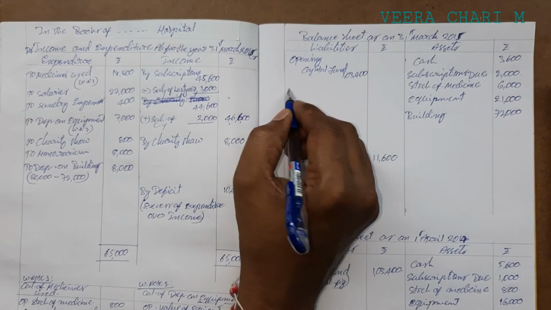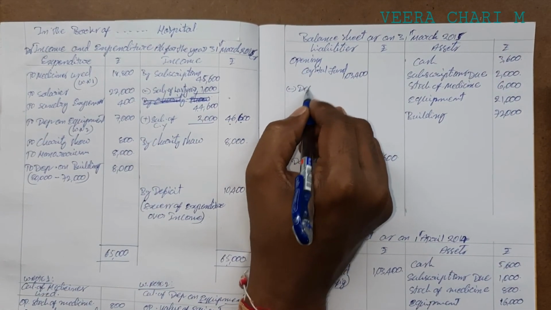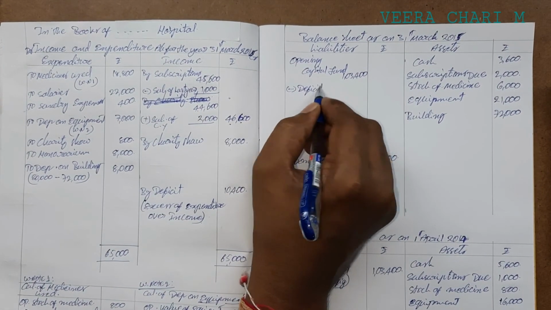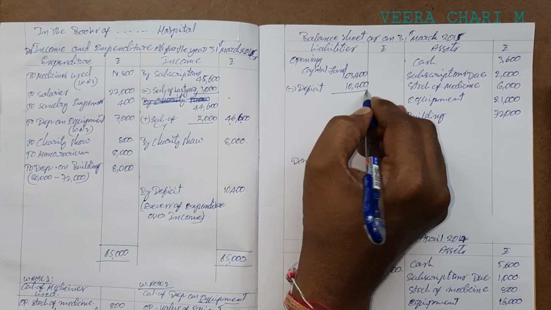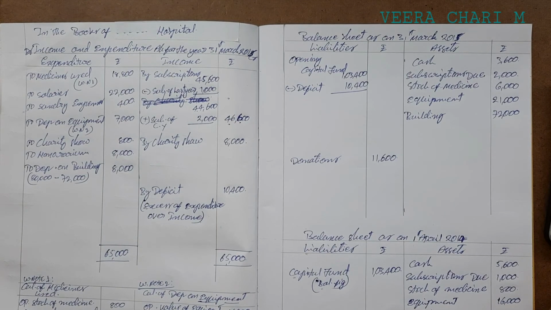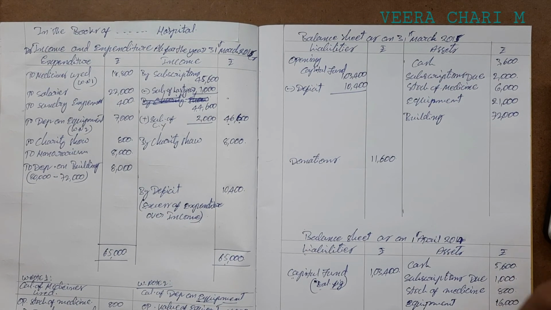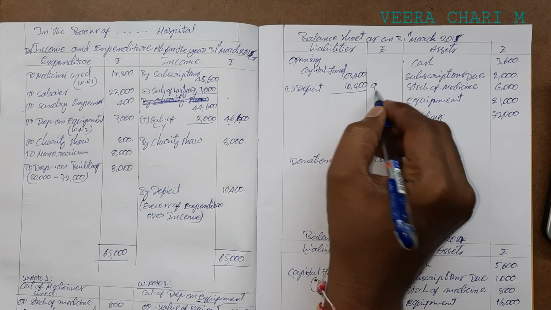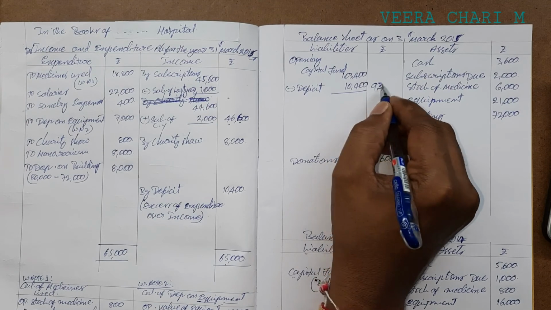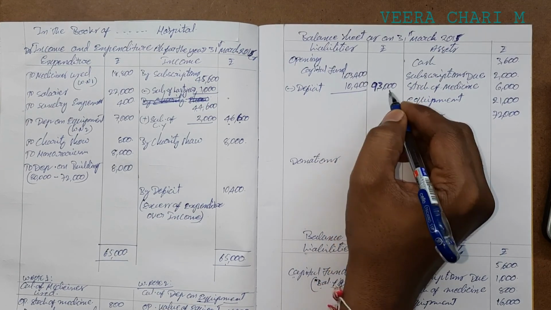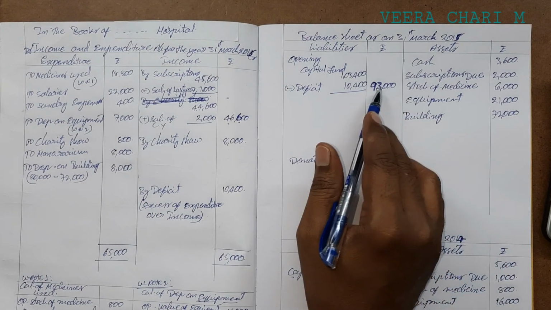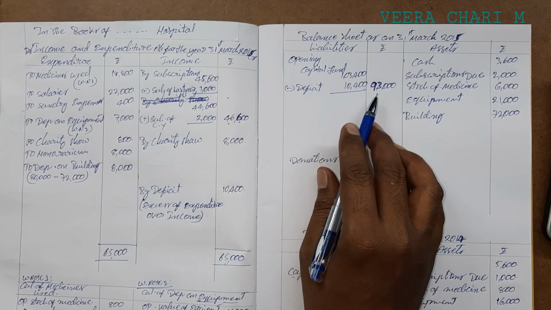So you should deduct the deficit, that is 10,400 rupees, from the opening capital fund: 1,03,400 minus 10,400 is equal to 93,000. This 93,000 is the closing capital fund.